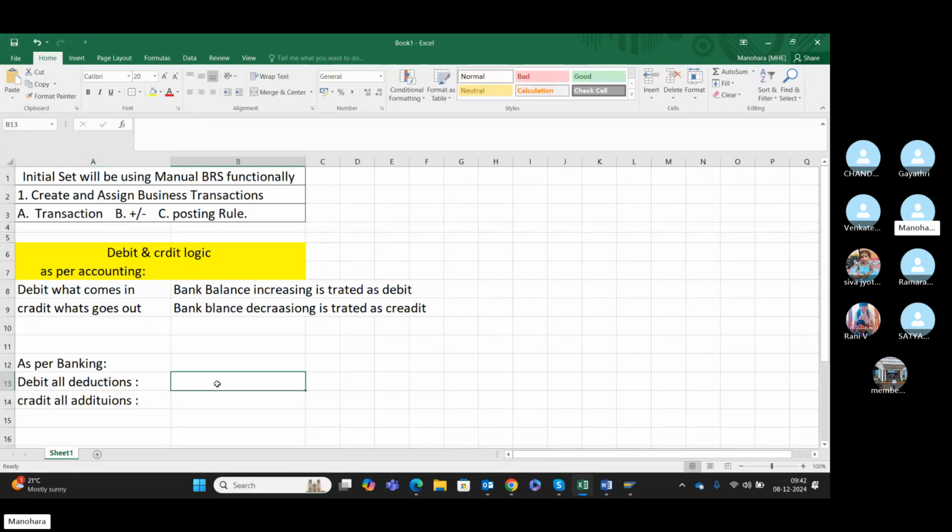In short, bank balance decreasing is treated as a debit.